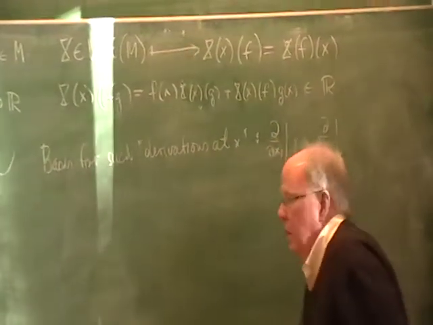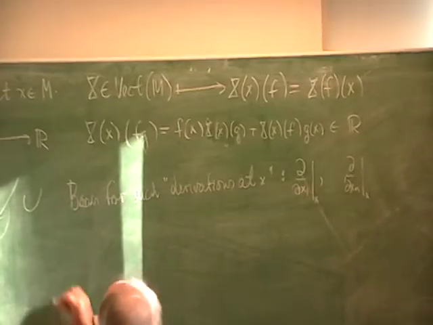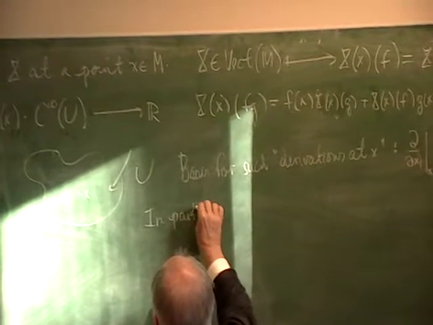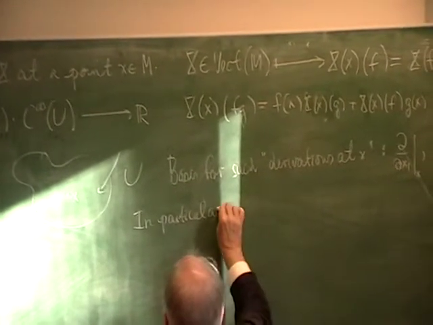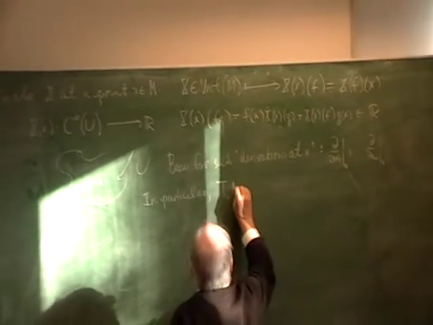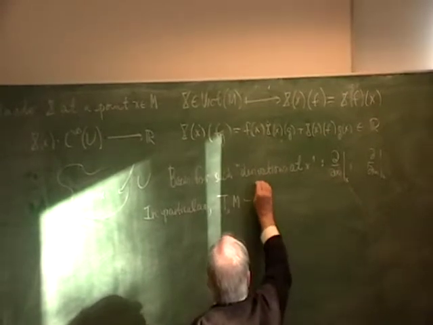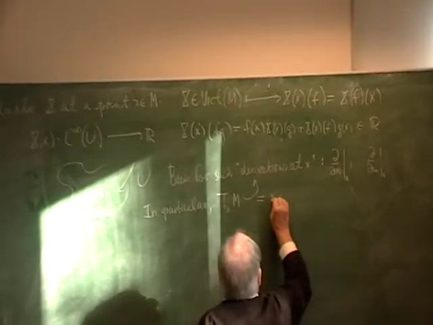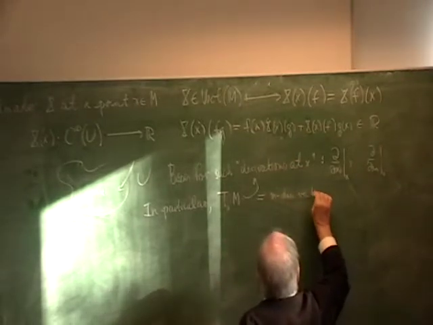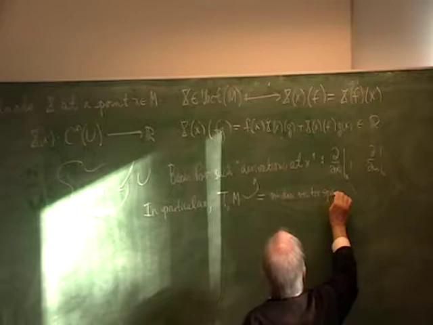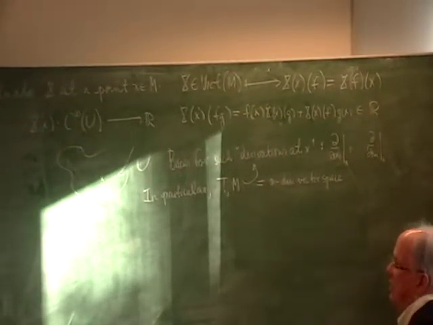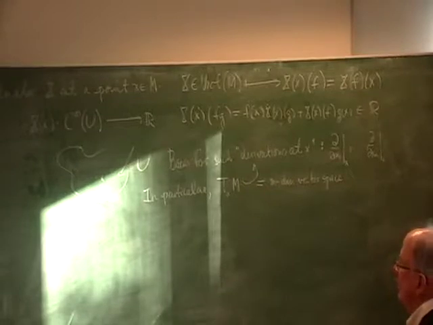Right? So that's a basis, and in particular, proving all of this, which we have done in some lecture or another, this thing, T at this point x of N, these are such derivations at this point, is an n-dimensional vector space. It's not so clear. So that's a review of everything, just to set the language.